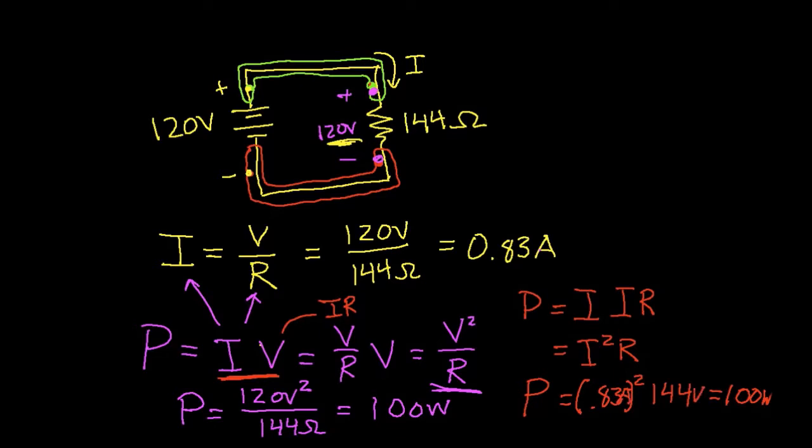Okay, so that pretty much concludes this video on Ohm's Law. To review, we've talked about the fact that Ohm's Law says that the voltage across a resistor is proportional to the current. In fact, we can draw a graph here where we draw current on one axis and voltage on the other axis.